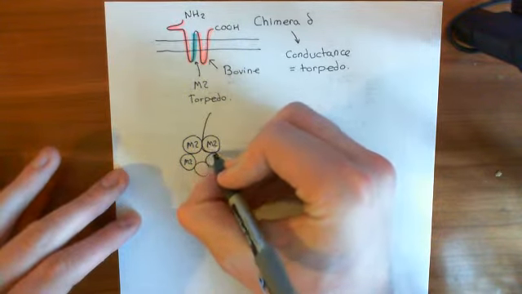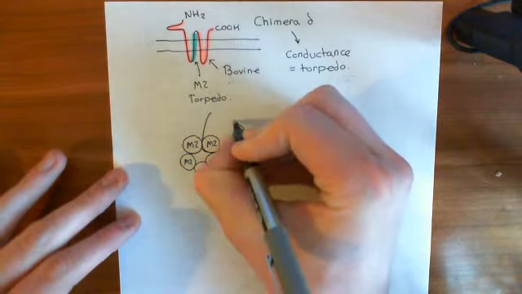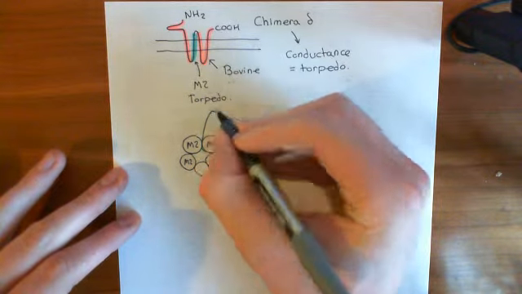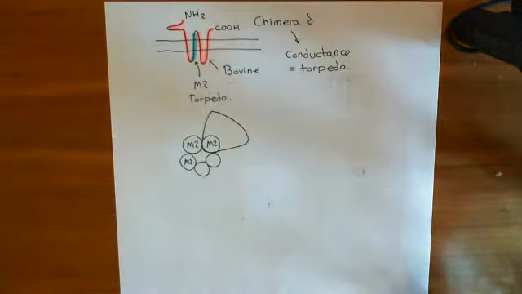So let me draw their larger subunit here. So here's the larger subunit that the M2 membrane-spanning alpha helix is within, but they are what are creating this tube through which ions move. So we are now going to study these M2 alpha helices.